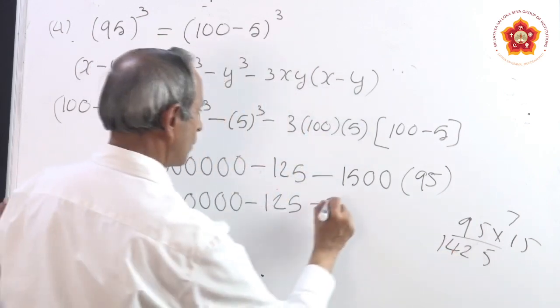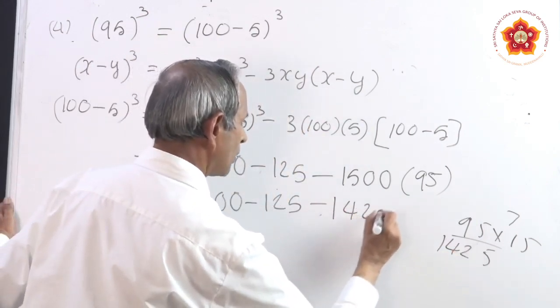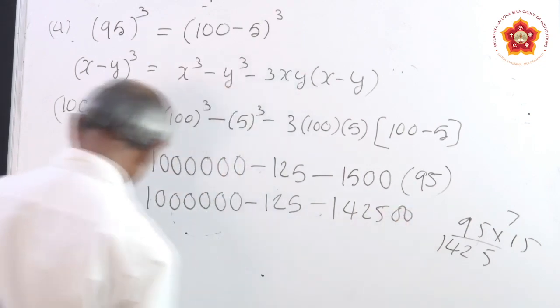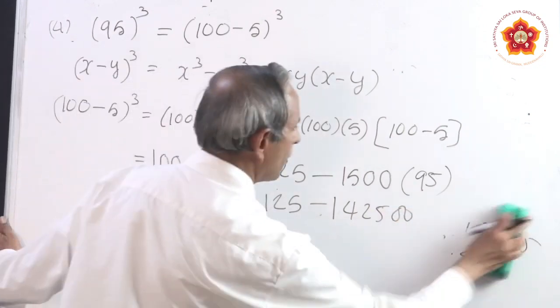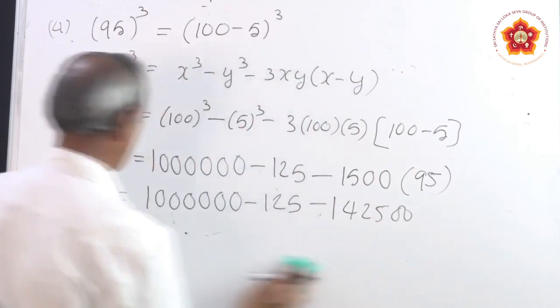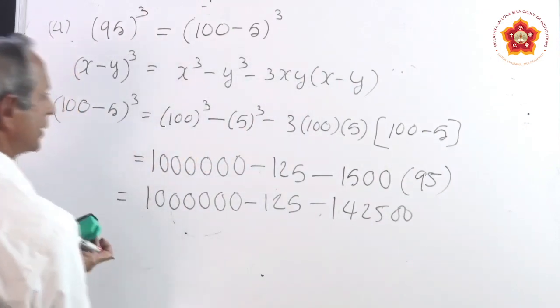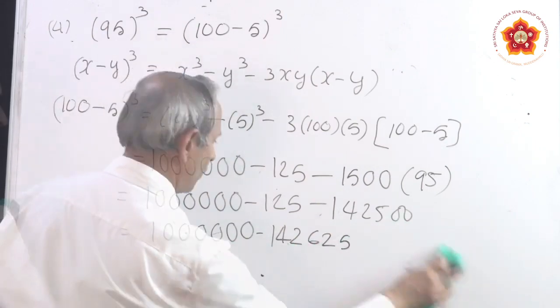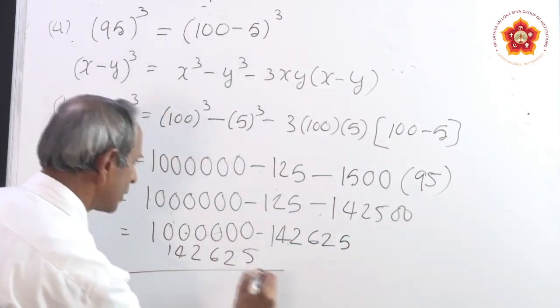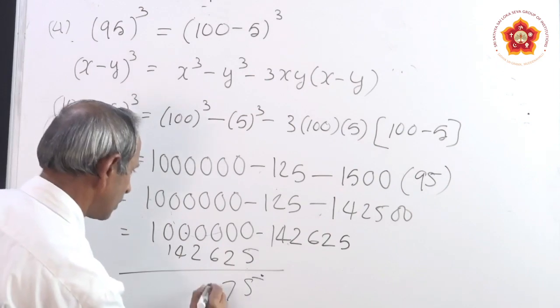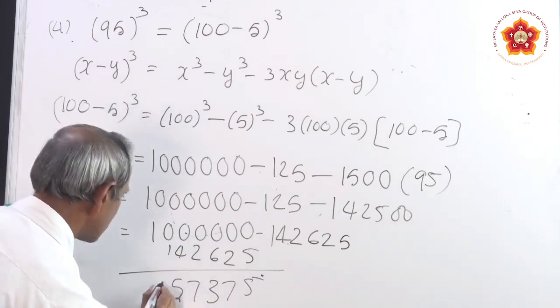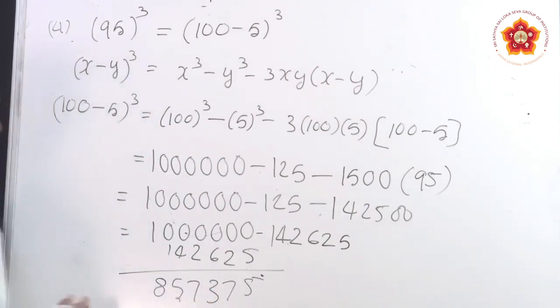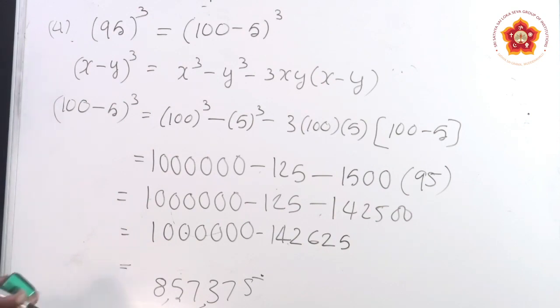Now out of this you have to subtract these two. This is the value, from this you have to subtract. Now you will get the answer. Now the final answer becomes 8,57,375 is the answer for this problem.